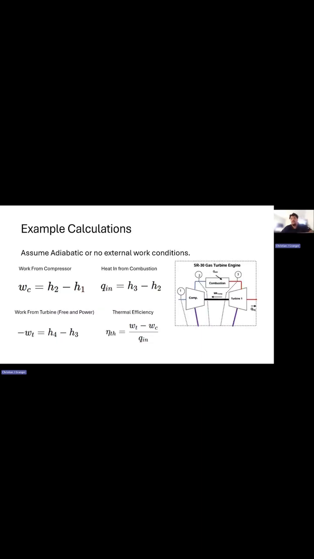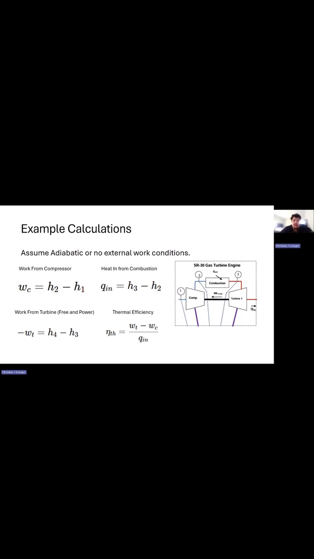With kinetic energy and potential energy made negligible, you get the equation below. For the actual example calculations, the work from the compressor, with steady state, steady flow, we assume it's adiabatic. We assume no shaft work, so it's basically just the heat equal to the change in enthalpy.